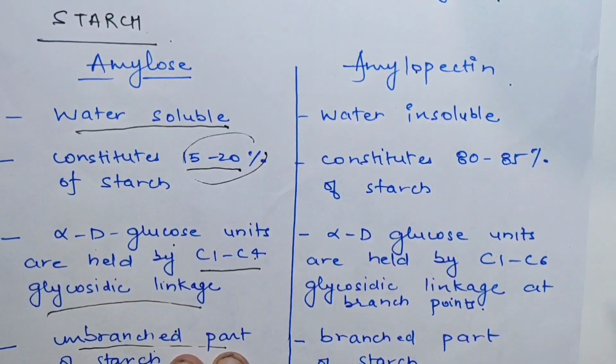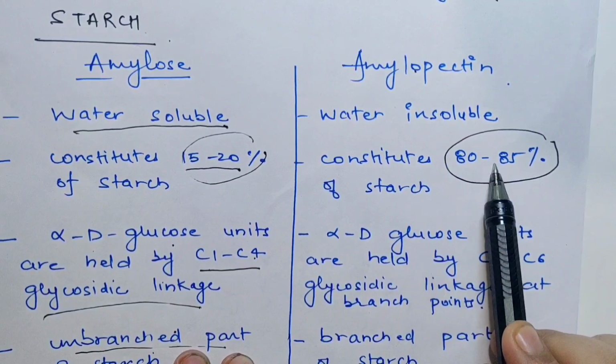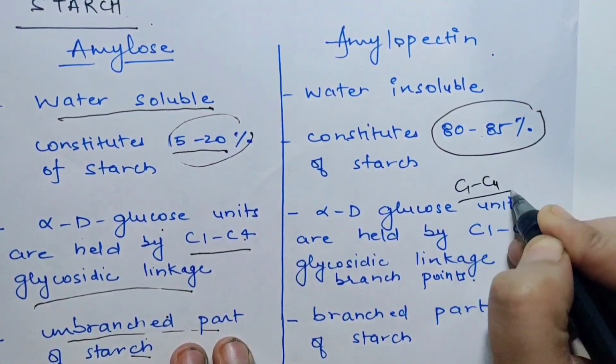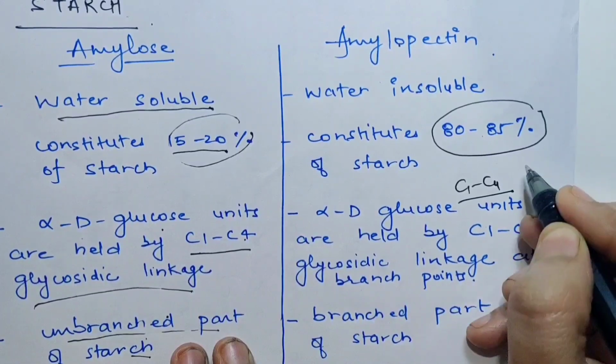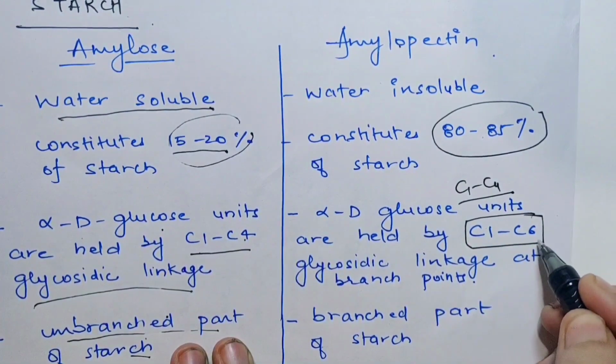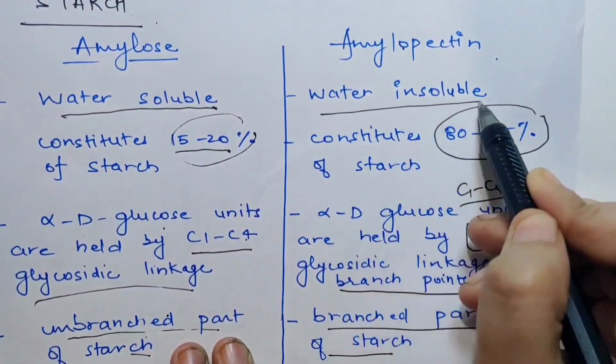Amylopectin, on the other hand, is the major part of starch. It constitutes the major part of starch, and it has regular C1-C4 linkage between alpha units, but apart from that, it also has C1-C6 linkage, which is formed at the branch points. That means it is the highly branched part of the starch. And this is water insoluble.